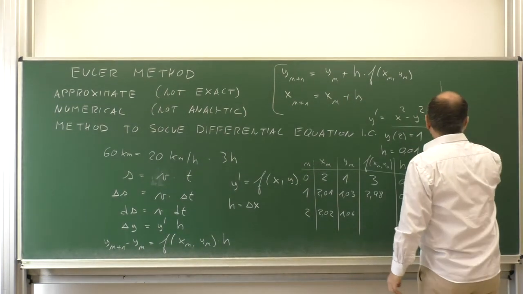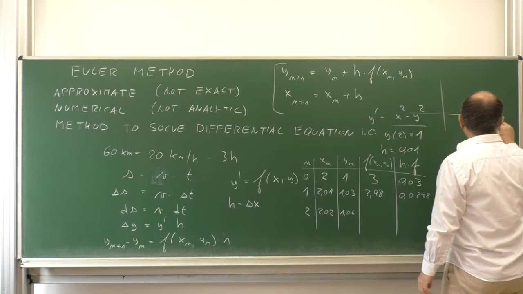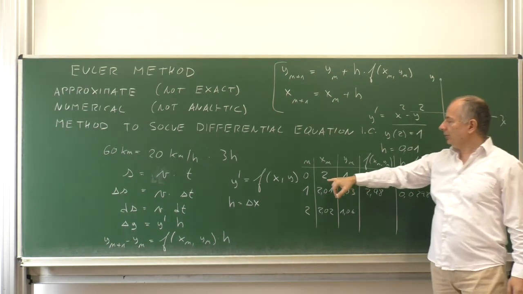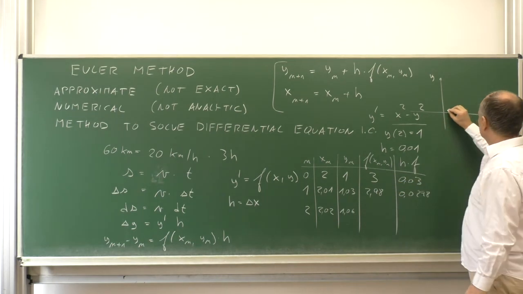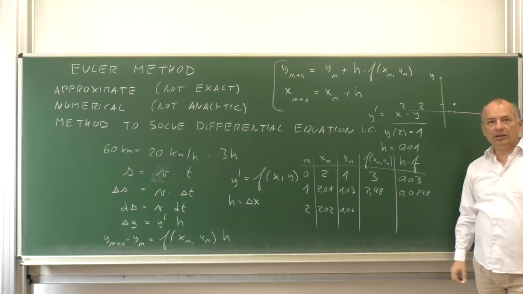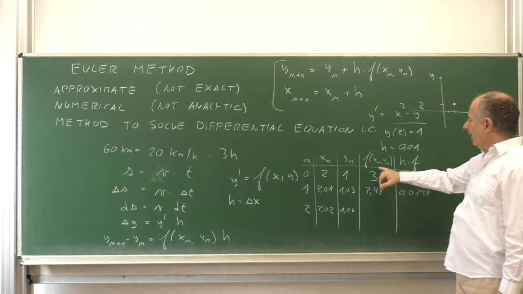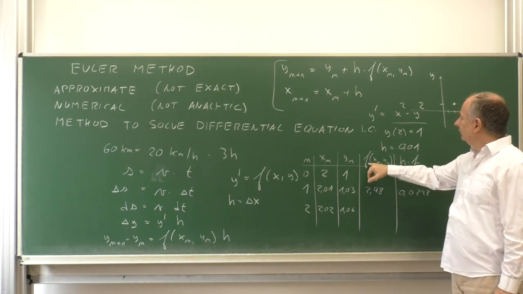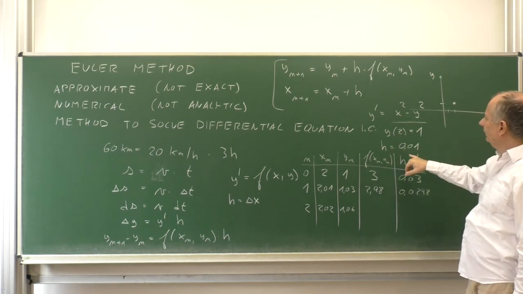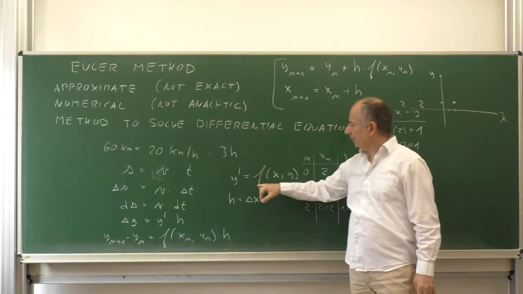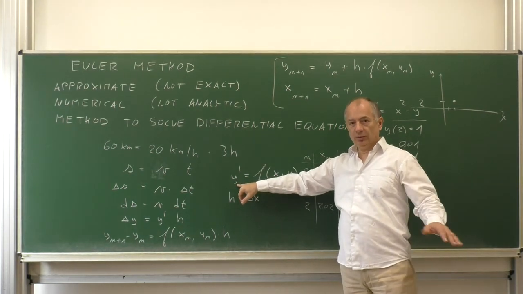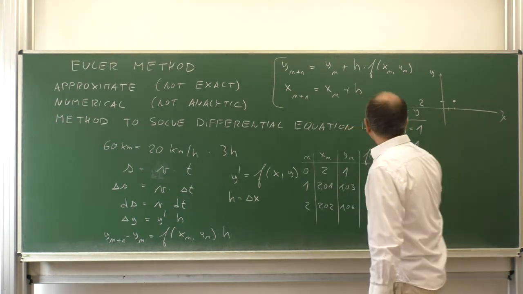If we put the situation in the xy plane, then the initial condition 2, 1 is given by one point in this plane. Then f, the derivative, is the slope of the tangent to the graph of the solution.